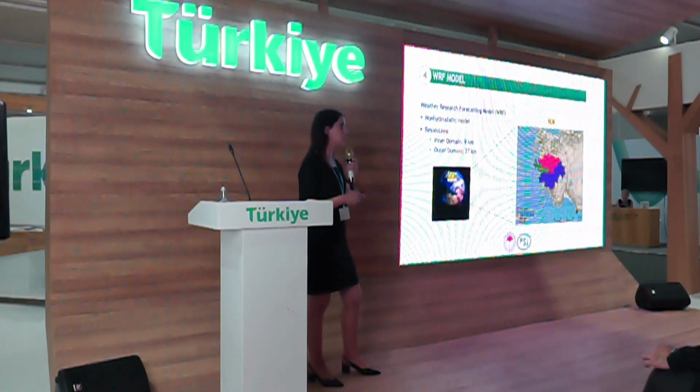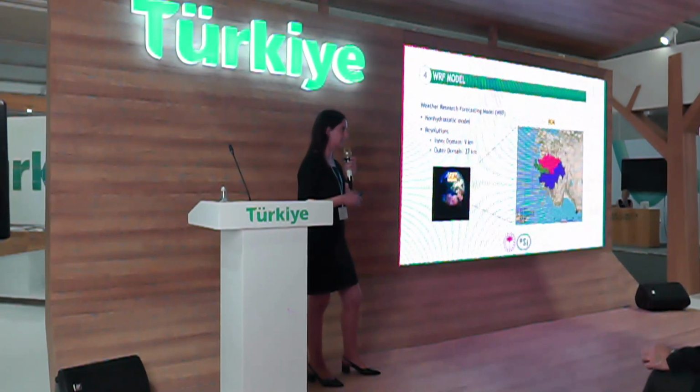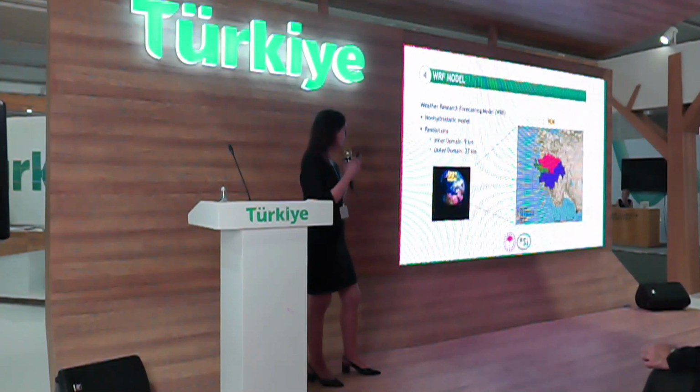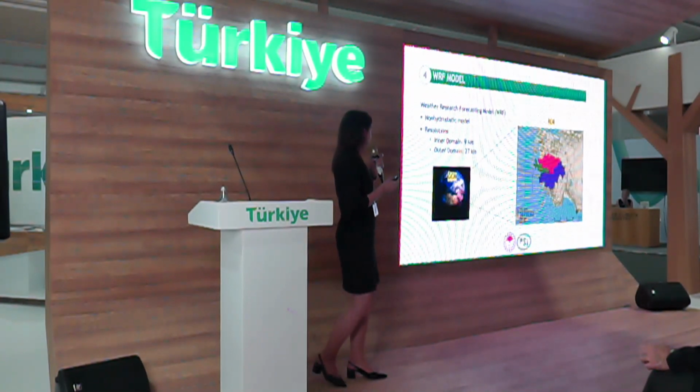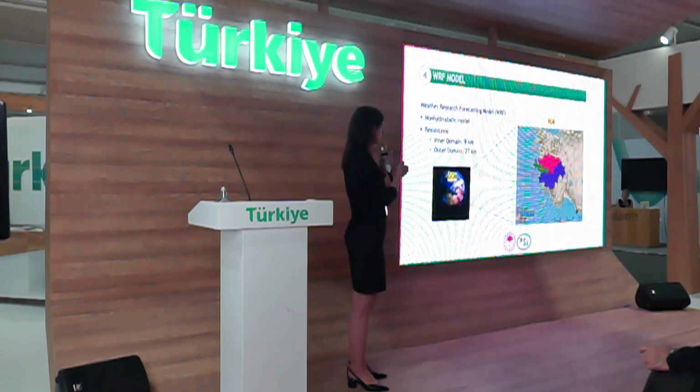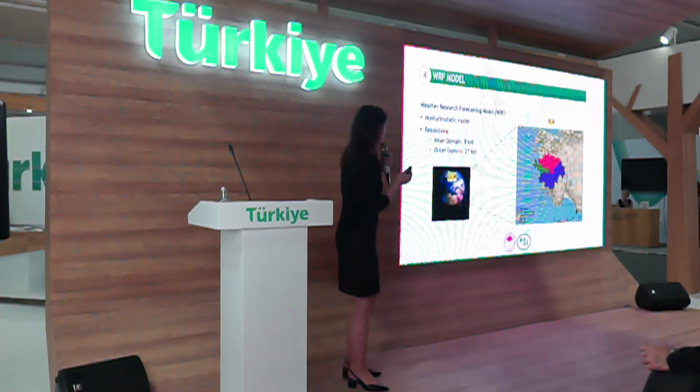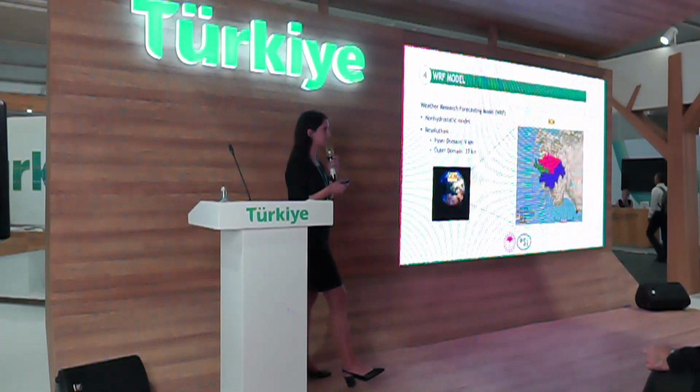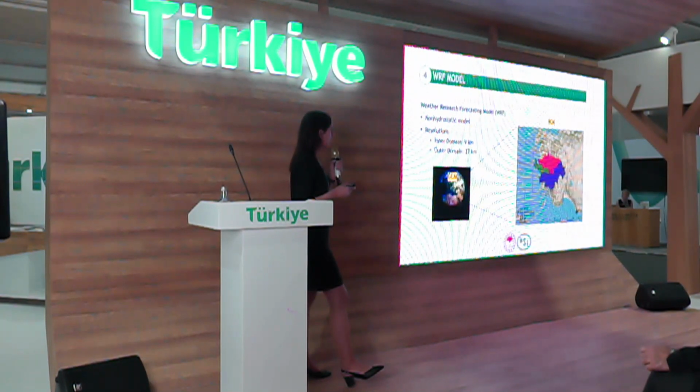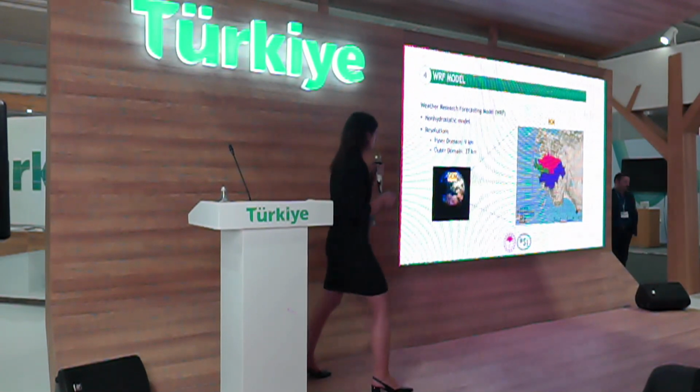For our project, we used the WRF model, which uses dynamical downscaling. We didn't use statistical downscaling. The Weather Research and Forecasting model is a non-hydrostatic model, it only does dynamical downscaling, and it requires a long time to get results as well.